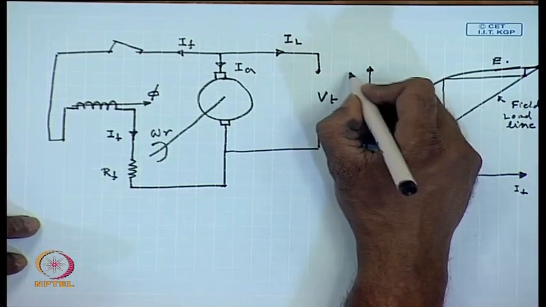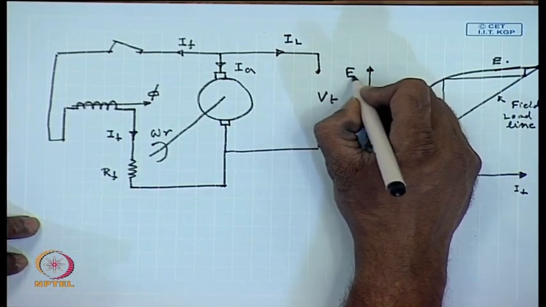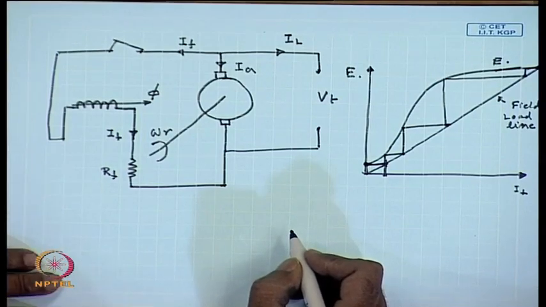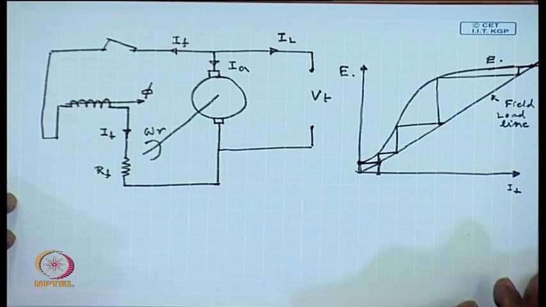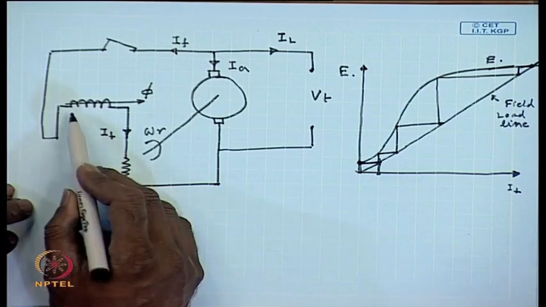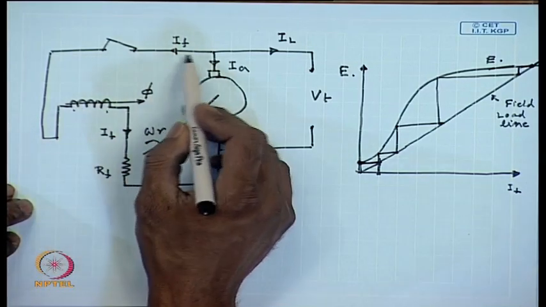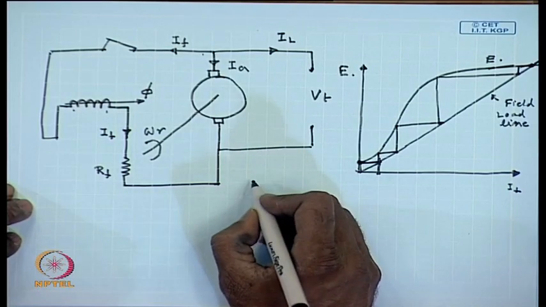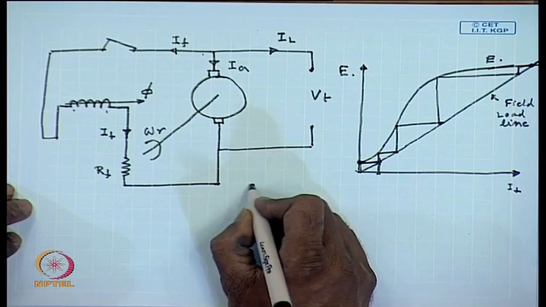This process is called the self excitation of a DC shunt generator. Since the field winding is connected across the armature terminal, this is called a shunt connection, or the generator is called a shunt generator.